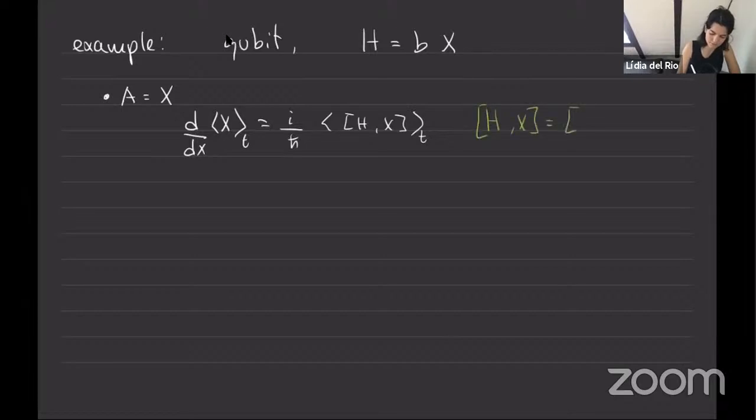That's B X X, which is B, and the commutator of a matrix with itself is always 0, right? So then this whole thing is 0, which tells us that the X direction is a conserved quantity.